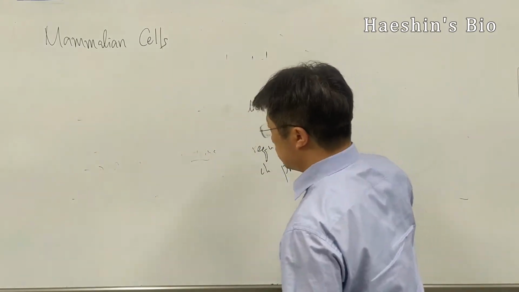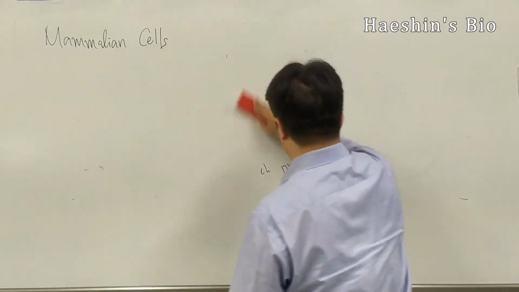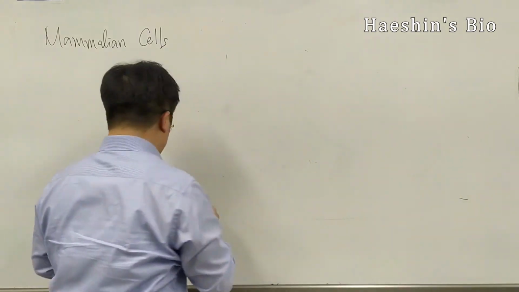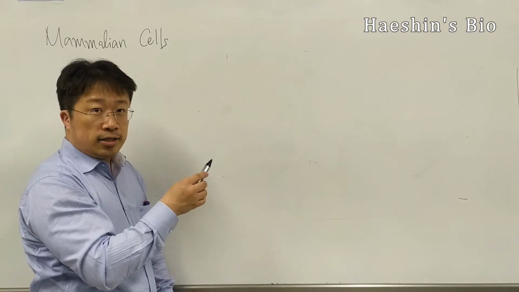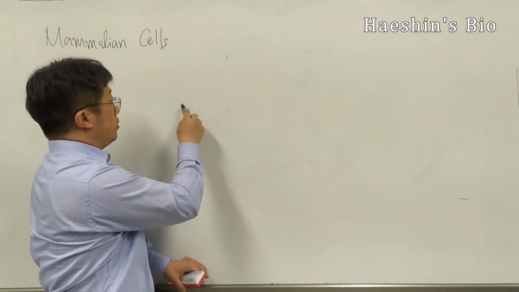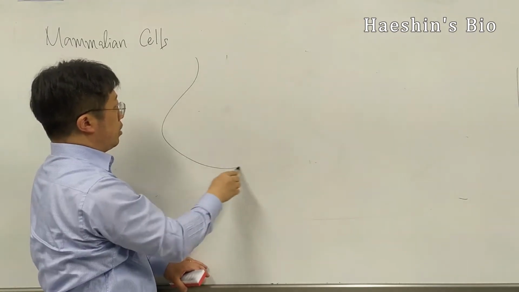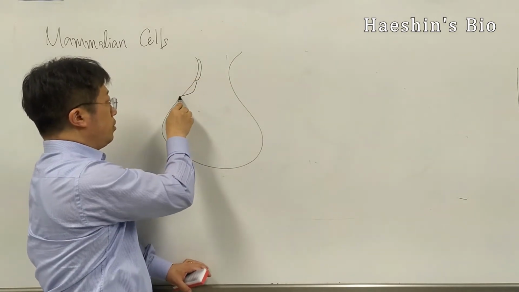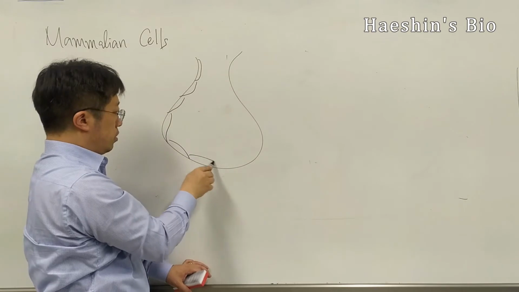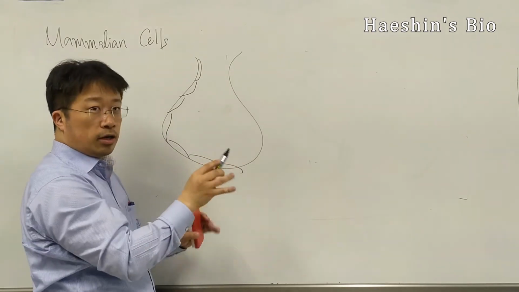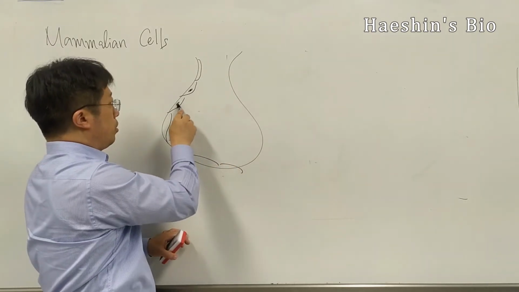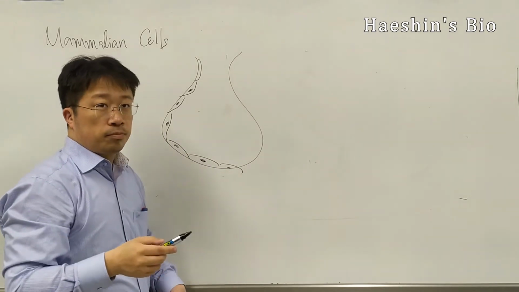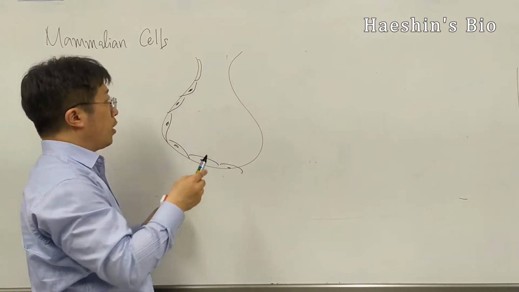The reason is the cells have a lot of membrane proteins. For example, remember that COVID-19 class where you draw alveoli, right? And then you have cells here. For example, like this. I'm not going to draw all of them. These are the cells in alveoli.